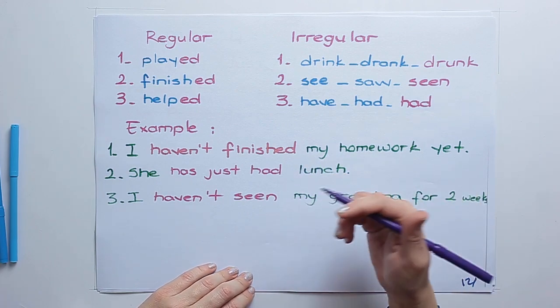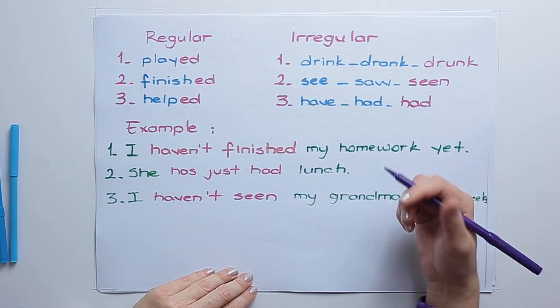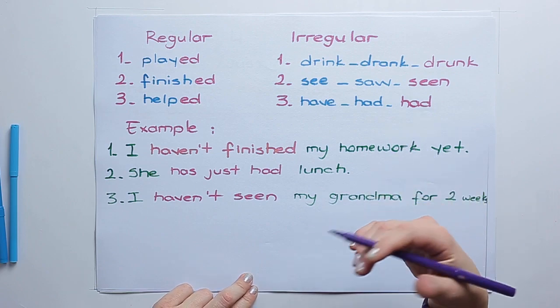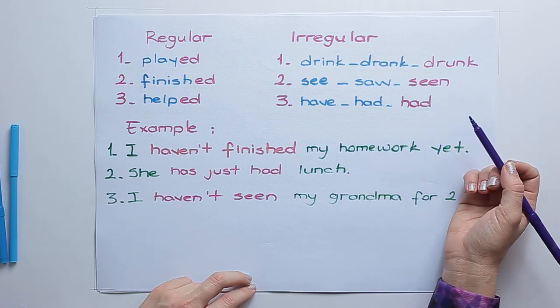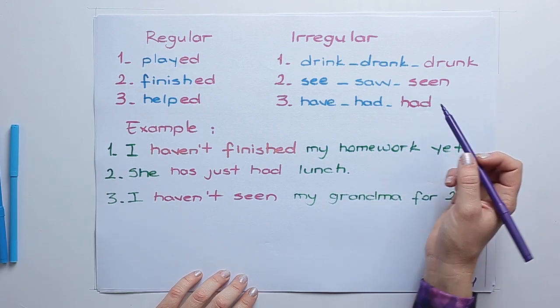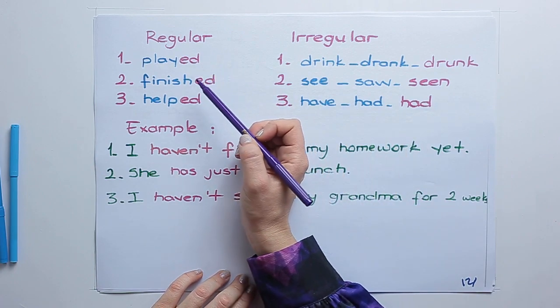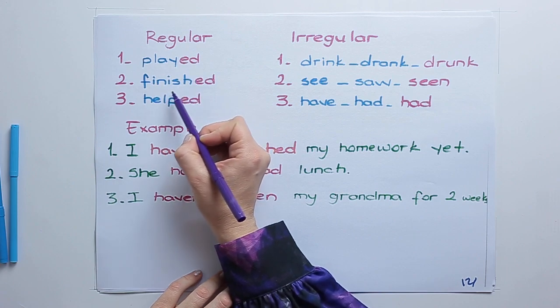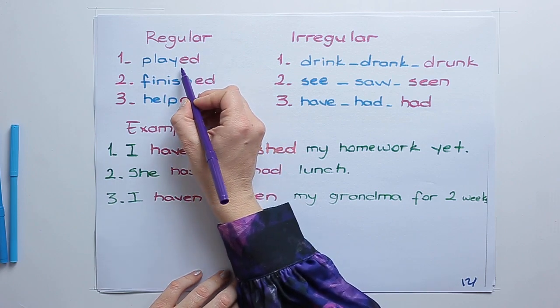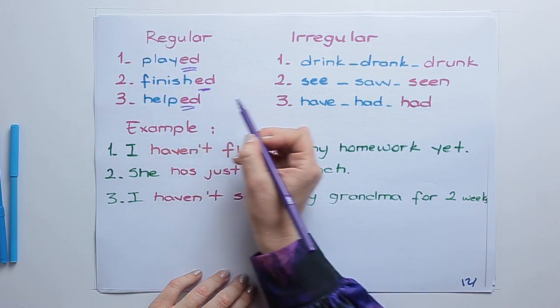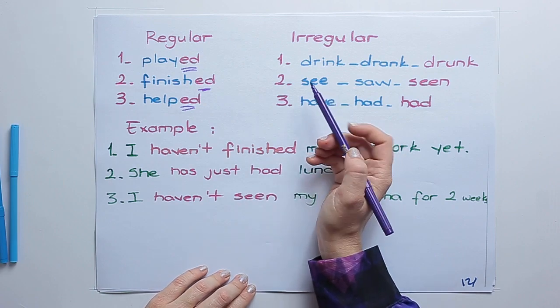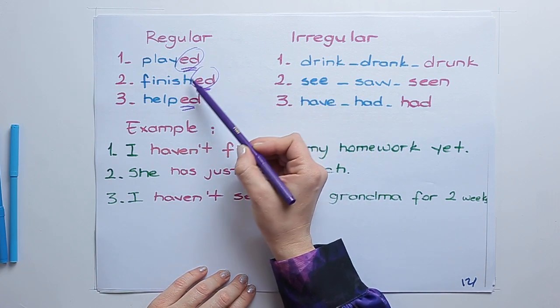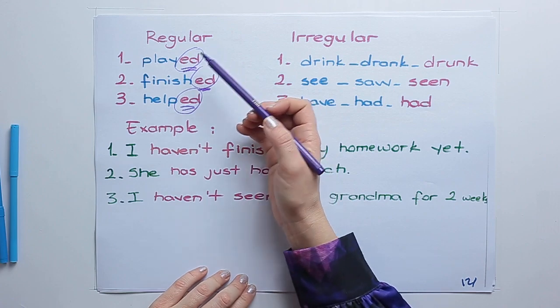Now, since we talked about perfect tense using the third form of the verb, here are some examples that you can see. Regular verbs that we can say are played, finished, or helped. These are the ed form of these words, and these are referring to the perfect form, which are regular.